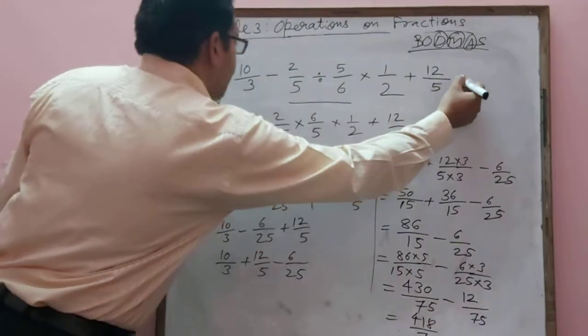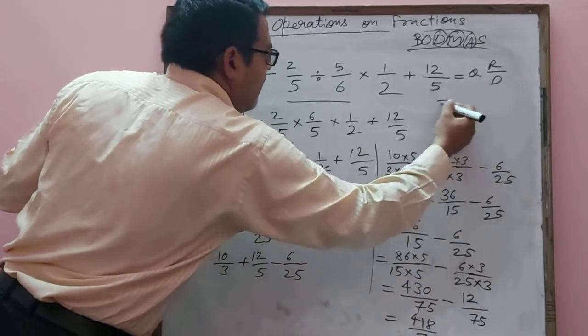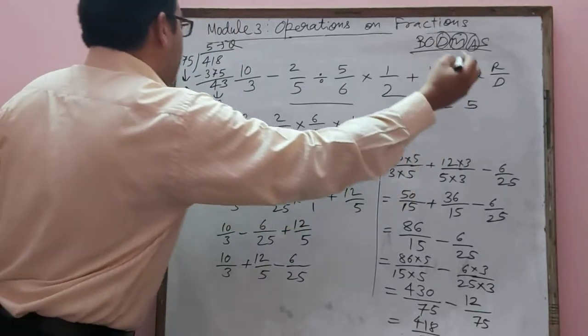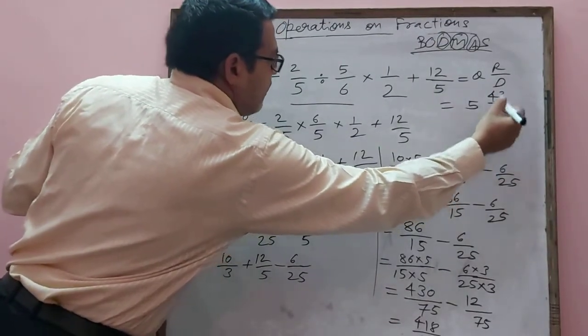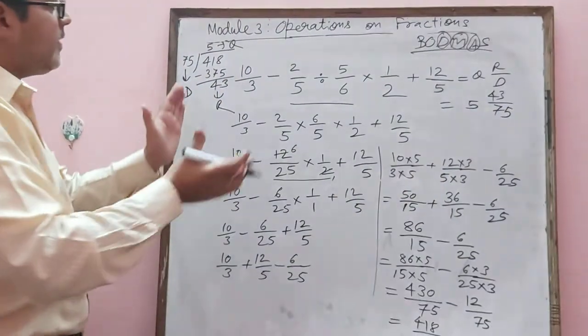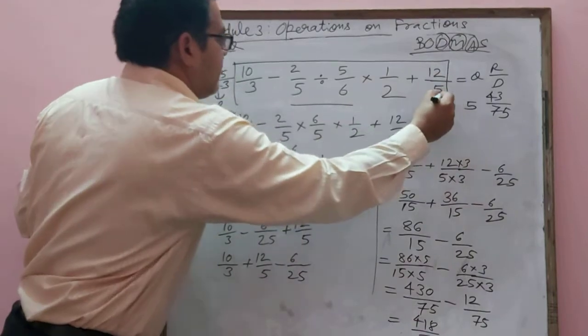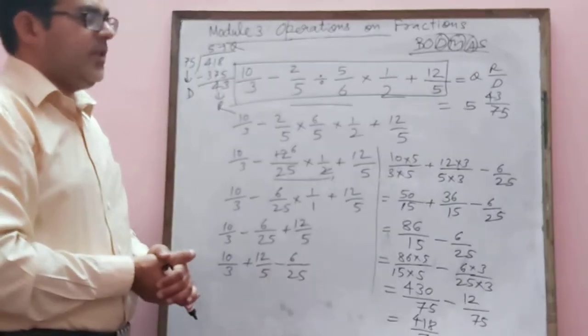We can write quotient, remainder by divisor. Quotient is 5 whole 43 by 75. This is the solution for this expression. 5 whole 43 by 75.